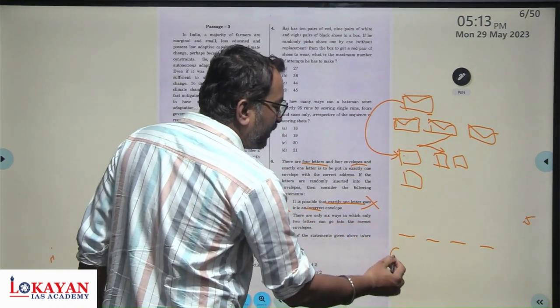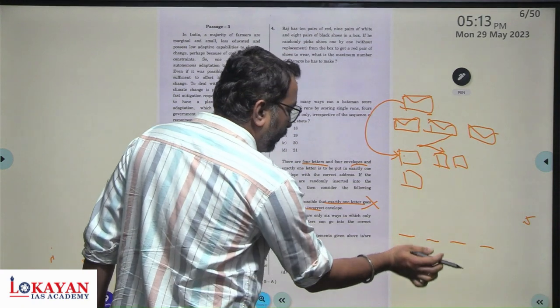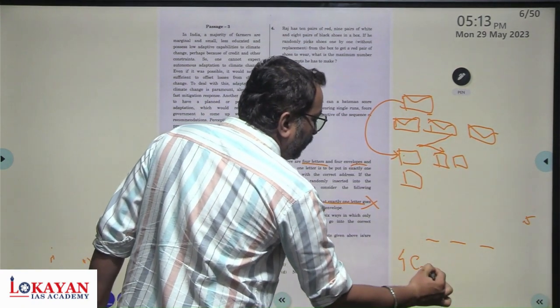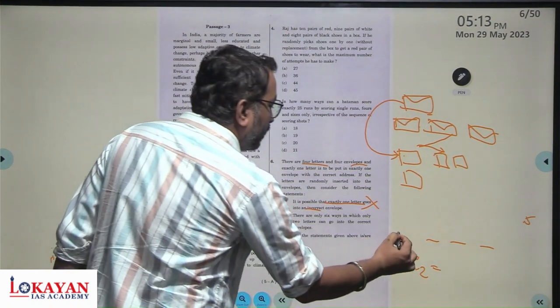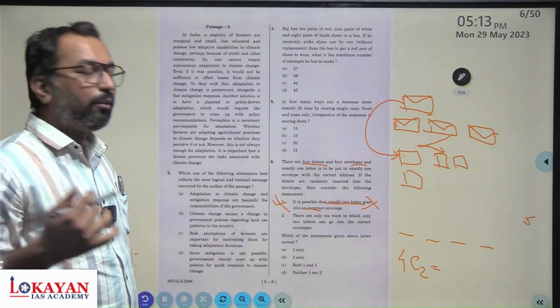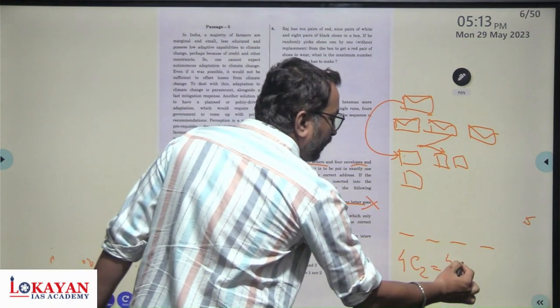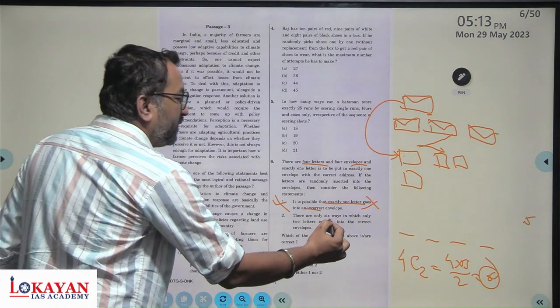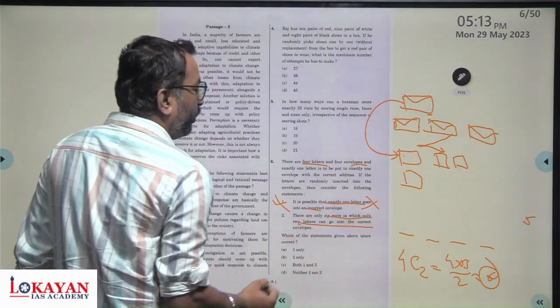Only 2. So 6 out of, sorry, what is the probability of 2 out of 4 going into the correct envelope, and how many number of ways are there? So 4 into 3 divided by 2, that will be 6. There are 6 ways in which only 2 letters can go into the correct envelope.